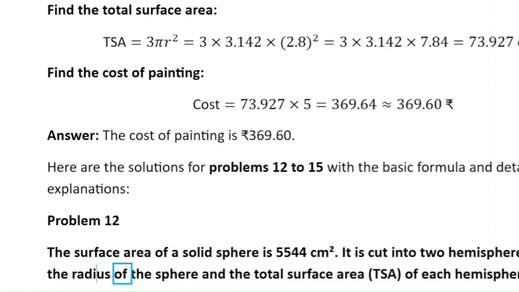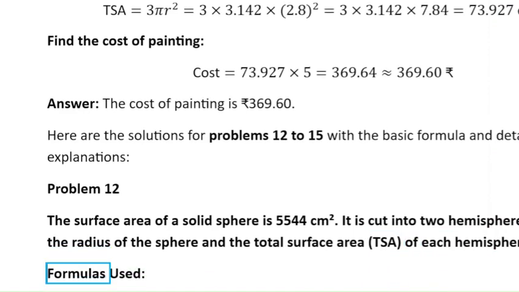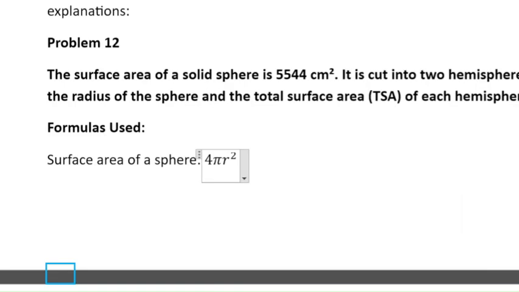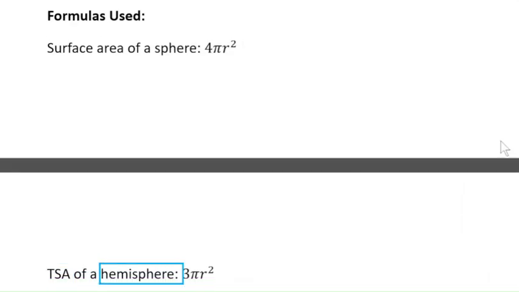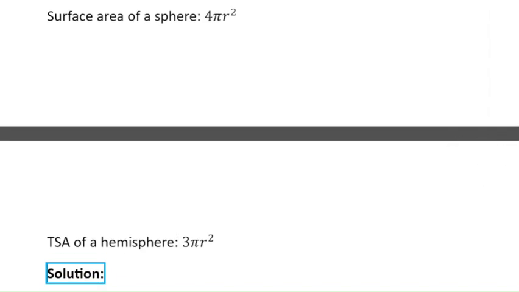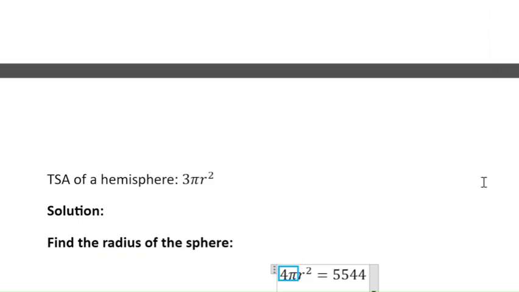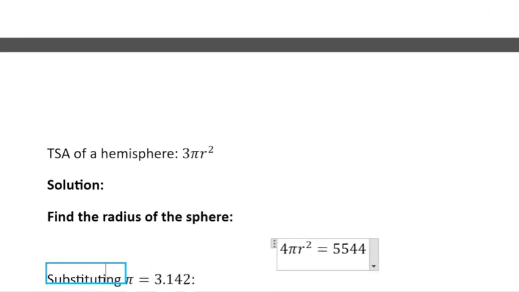Calculate the radius of the sphere and the total surface area, TSA, of each hemisphere. Formulas used: surface area of a sphere is 4 pi r squared; TSA of a hemisphere is 3 pi r squared. Solution. Find the radius of the sphere. 4 pi r squared equals 5544.